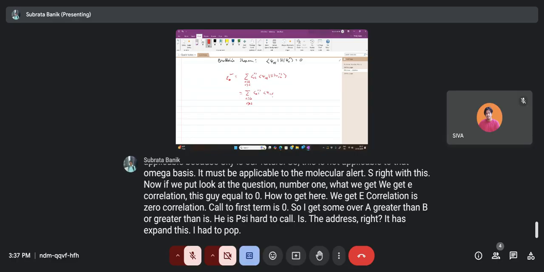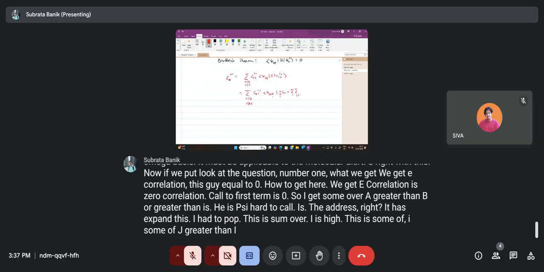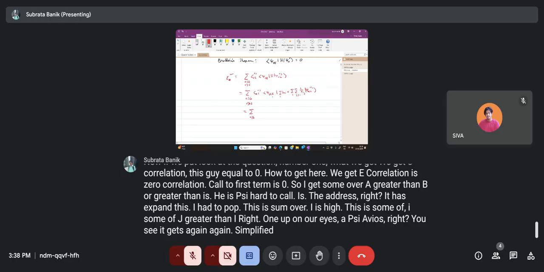Psi Hartree-Fock, H is the sum over I of H I, plus the sum over I, sum over J greater than I of 1 upon R ij, psi A B R S. You see, it gets simplified again.